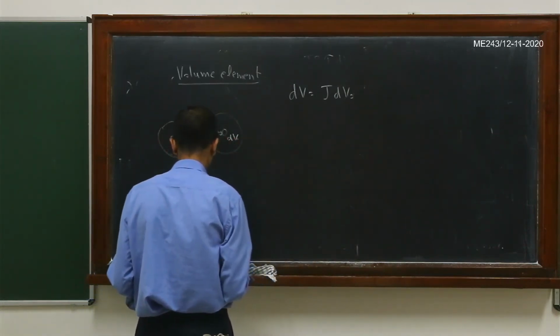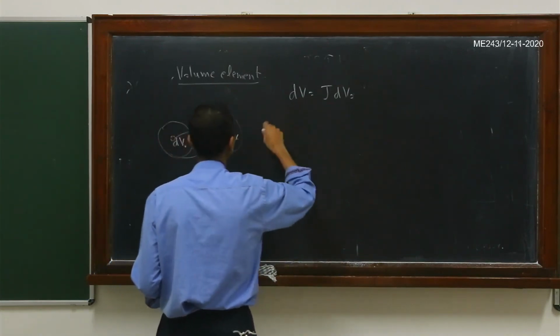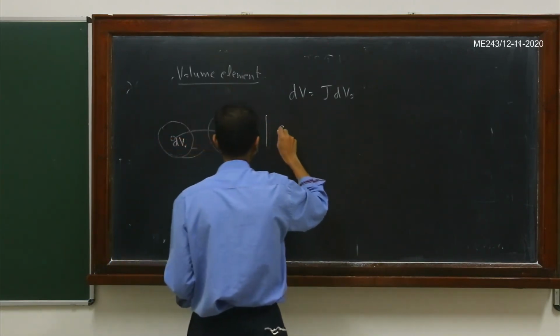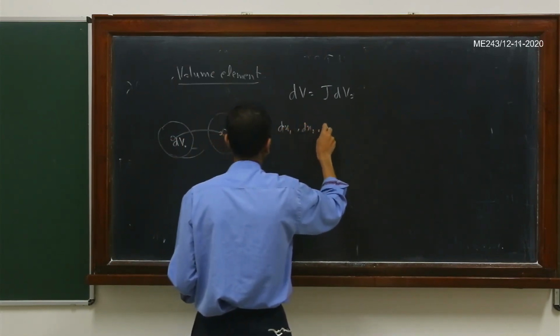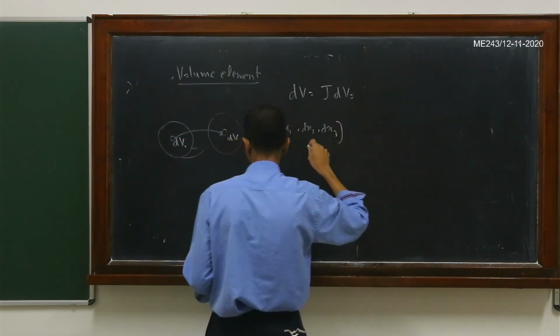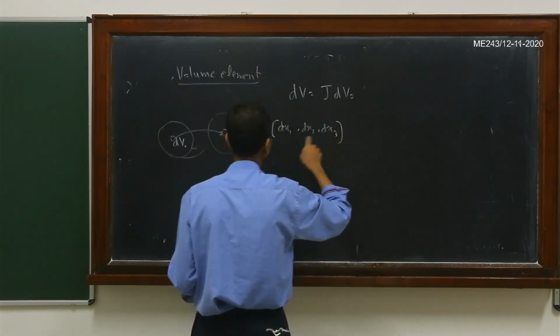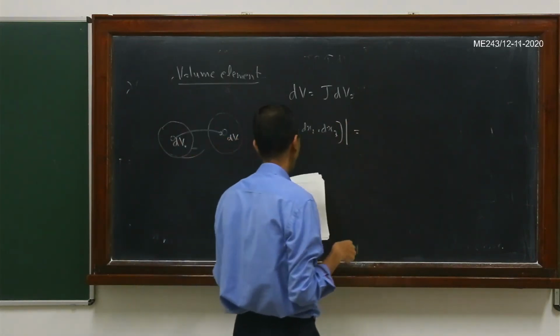So let us write this volume element as the scalar triple product of dx1, dx2, dx3. So this is your dV actually, and we will take the absolute sign around this.